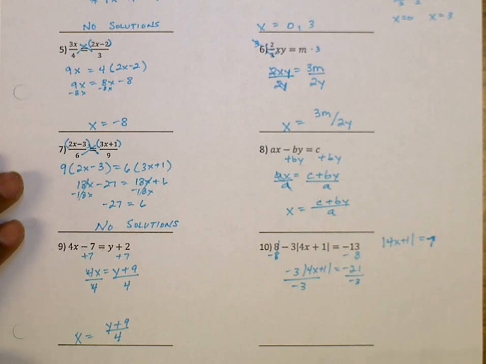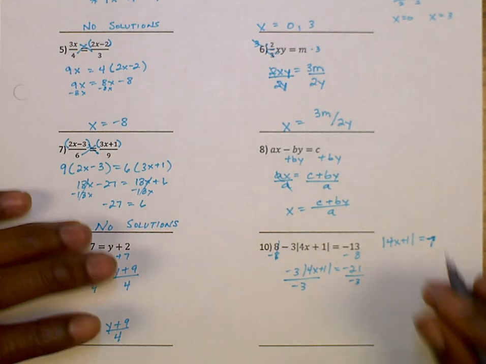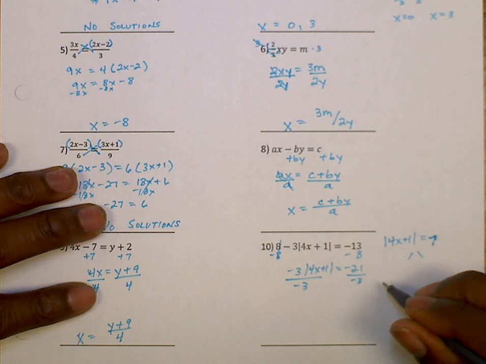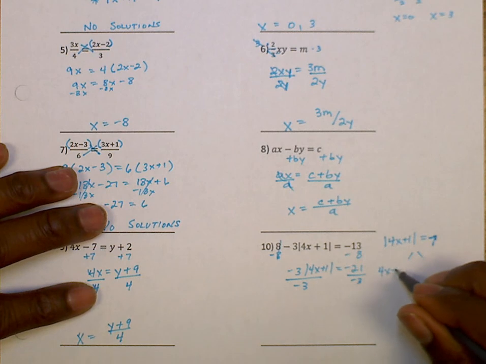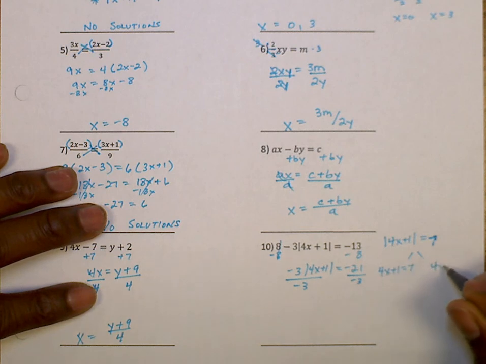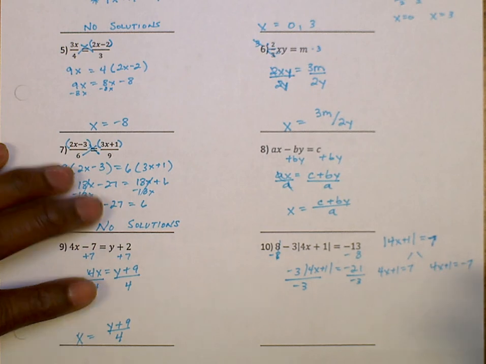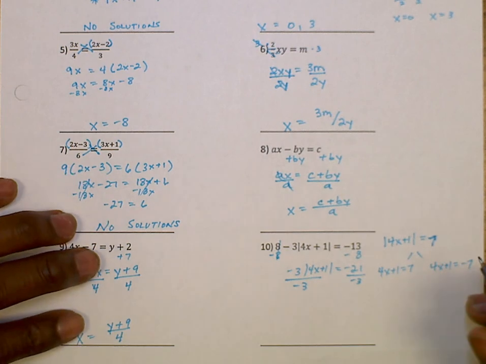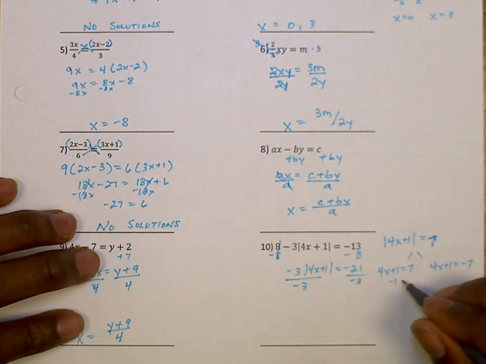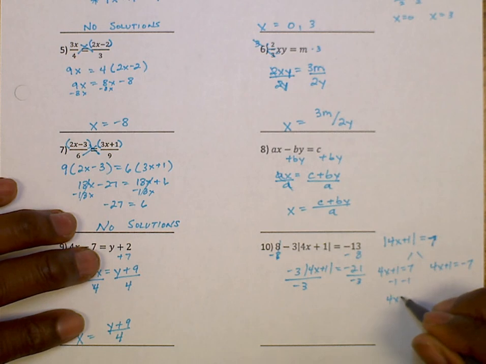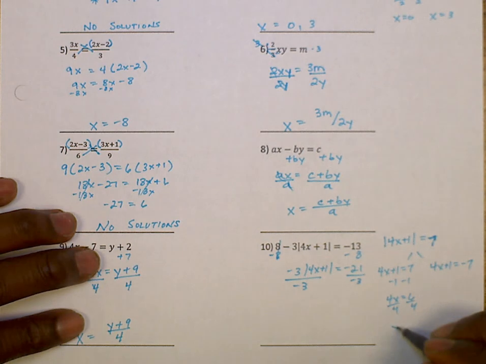So it's positive 7, so we can split and solve this problem. 4x plus 1 equals 7. 4x plus 1 equals negative 7. Subtract 1 from both sides. 4x equals 6. Divide by 4. X should equal 6/4, or simplified, 3 over 2.